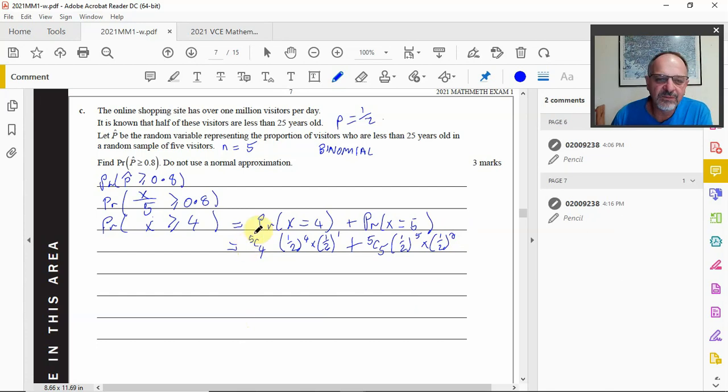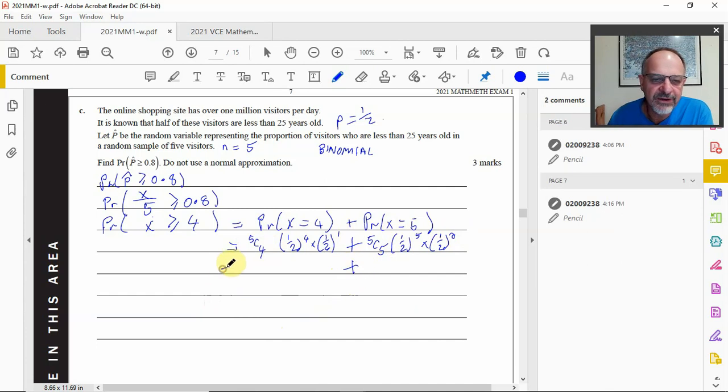Now this 5C4 and the 5C5, you need to be able to know what they are in some way or other, and there are a few different ways. Pascal's triangle is one way you can do it.